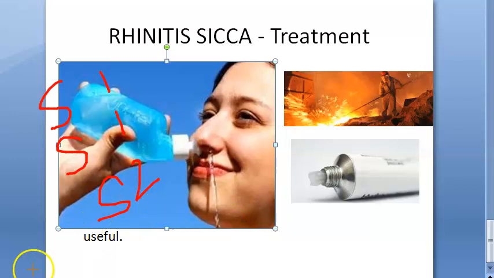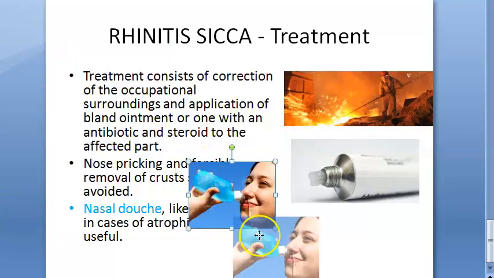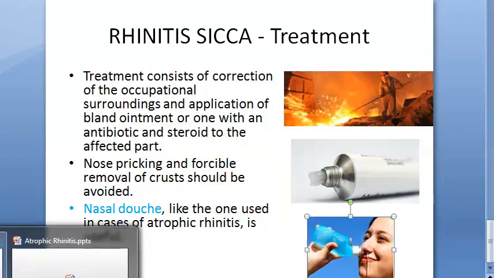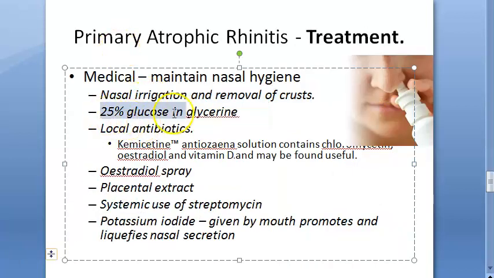In atrophic rhinitis, let's go back to the treatment. There they mentioned 25% glucose and glycerine. So this is painting with glucose and glycerine. Why? This will inhibit the growth of some organisms. Then local antibiotics they had mentioned in atrophic rhinitis.